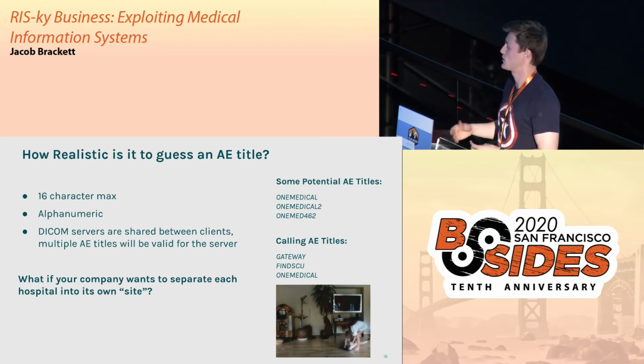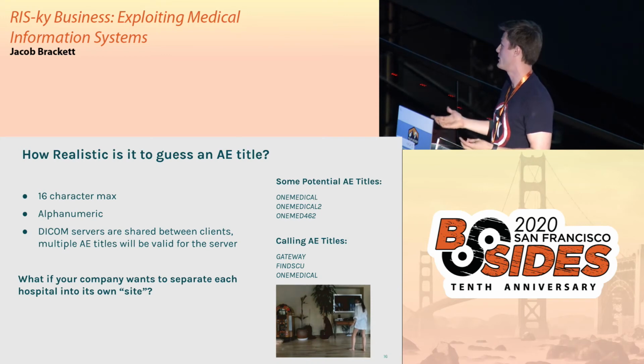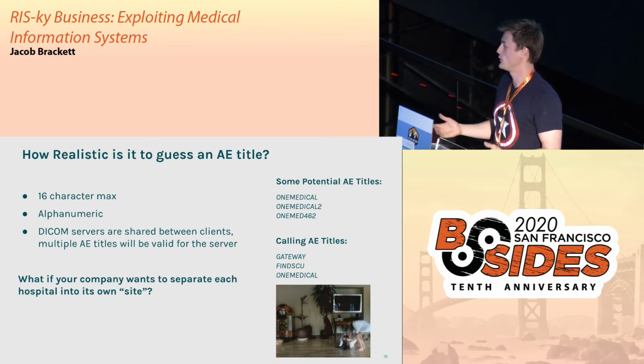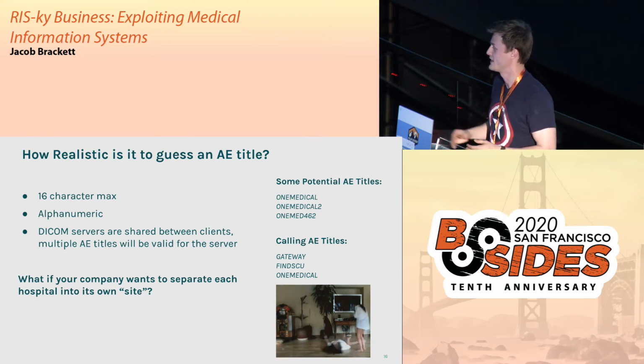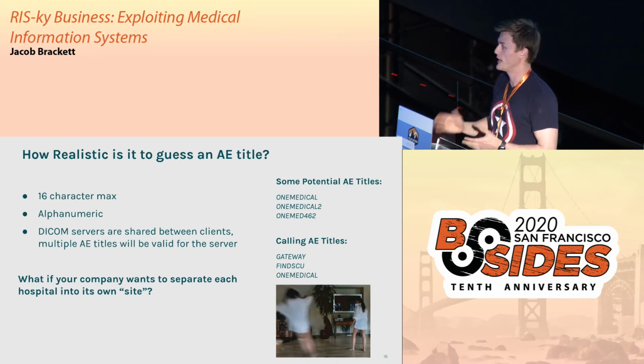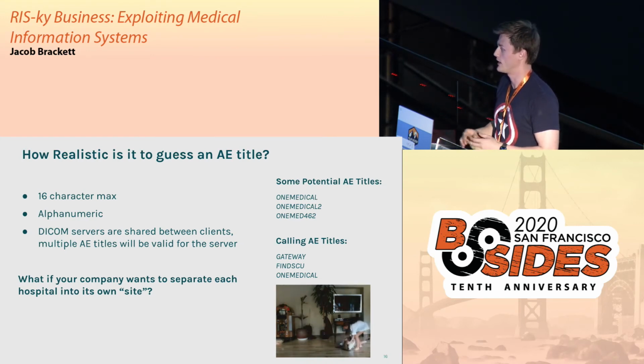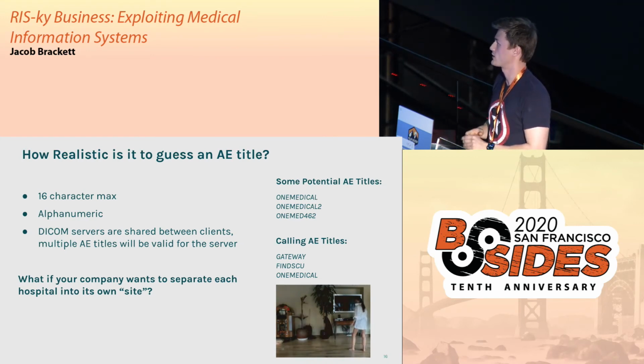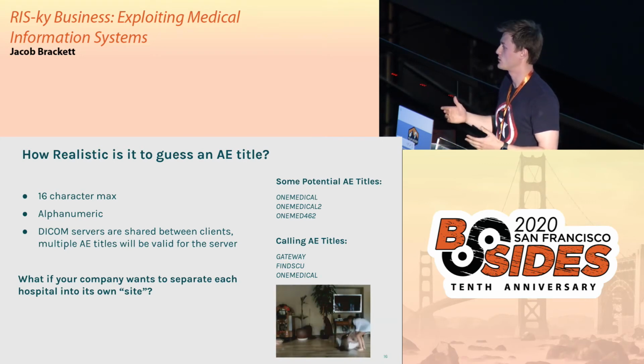So gateway could be the AE title for your DICOM gateway, the router that we talked about. Or you have something like find SCU for the service class user that's doing a C-FIND. So some kind of default values. Also, on the web portion of your PAC server, you may want to find a way to easily disambiguate between different clients.